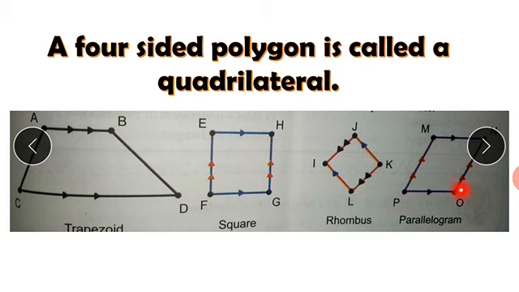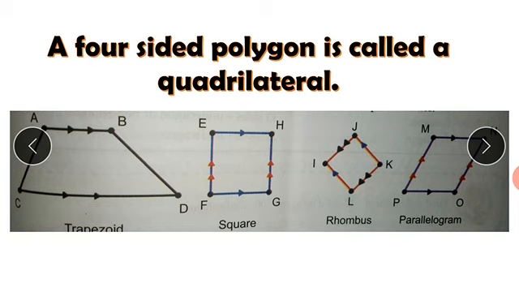So PO and MN are parallel, then MP and NO are parallel. So that's it. Trapezoid, square, rhombus, and parallelogram. Those are some examples of quadrilaterals.